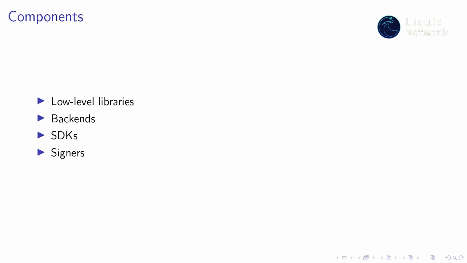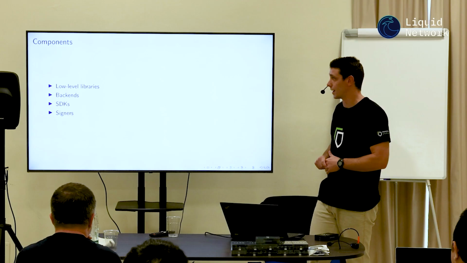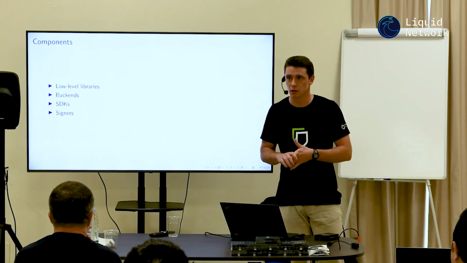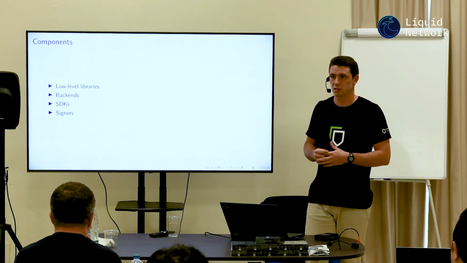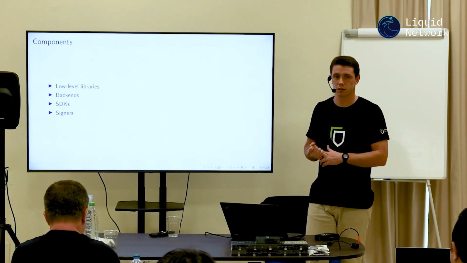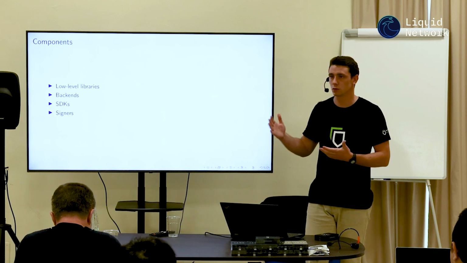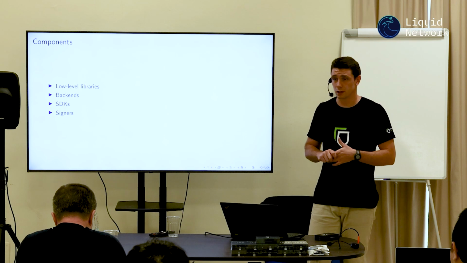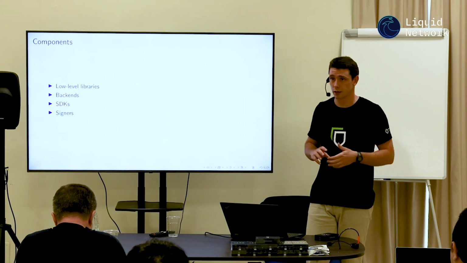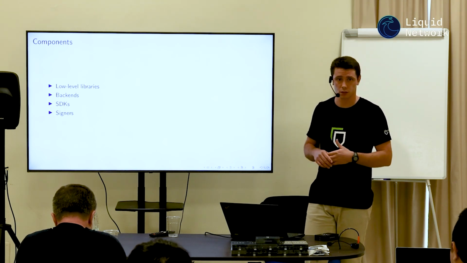We will start with the low-level libraries, which are shared among all the different components, but are like sticks and stones. If you want to build a wallet, probably you want to start with something that is higher level. Otherwise, everybody will need to start from scratch. Then we will see the backends, which are the possible blockchain data sources.